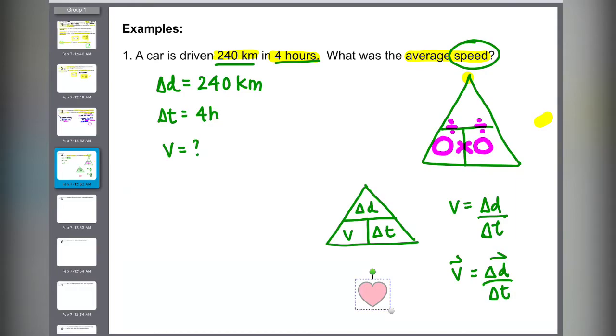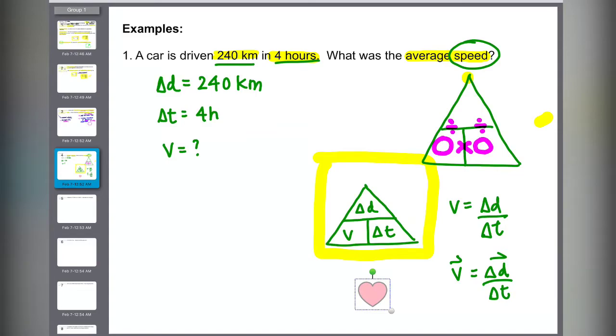Okay, I know in the equation they already tell you V is D over T. You can write that out. But because in this part I want to demonstrate how to use the magic triangle, I'm just going to show you my mental process on paper, on iPad, whatever. If you take a look at the magic triangle we drew, whatever you're looking for, take your hand and cover up the thing that you're looking for.